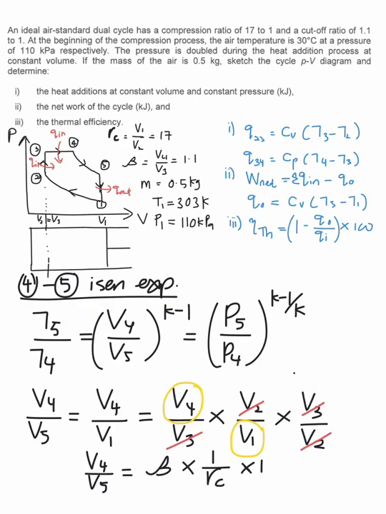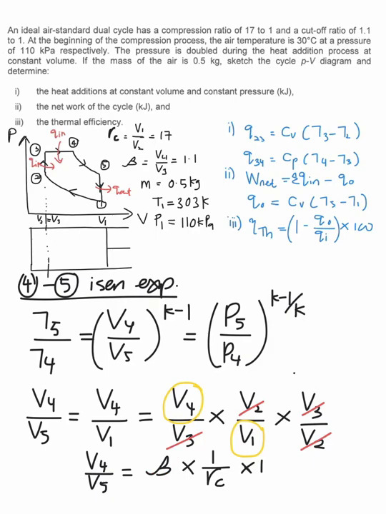Please note that your V3 and your V2 are equal, so that ratio is actually 1. Then your V2 and V1 is actually inverted, so it is 1 over RC. And your V4 over V3 is actually your beta.